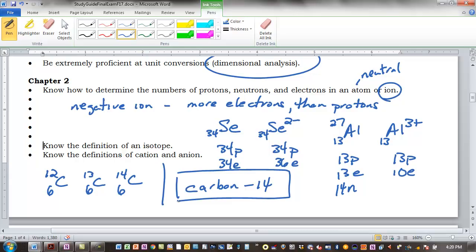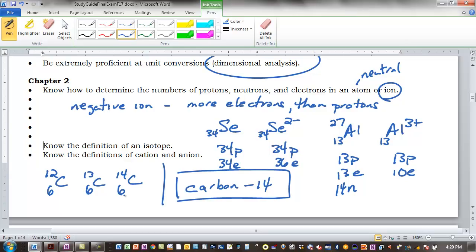You can look at a periodic table, you look at carbon, and you find an atomic number of 6. It doesn't matter what isotope of carbon you have, it's always going to have 6 protons. So with carbon 14, 14 minus 6 gives the number of neutrons. Exactly. So this 14 is the mass number. So 14 minus 6 would tell you 8 neutrons.